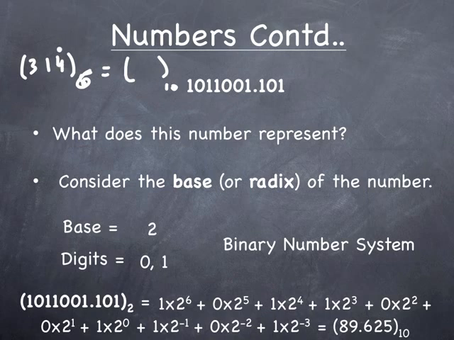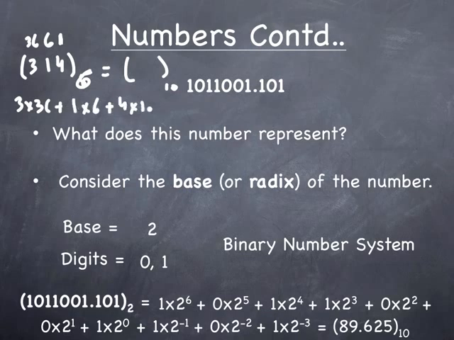The unit digit is 4, times 1. Then 6 raised to power 1 is 6. 6 raised to power 2 is 36. So I multiply 3 with 36, which is 108, then 1 by 6, and then 4 by 1. And this comes out to be 118. So I know that this 118, which is in decimal and which we are familiar with, is written in base 6 like this. So we can have any number system.